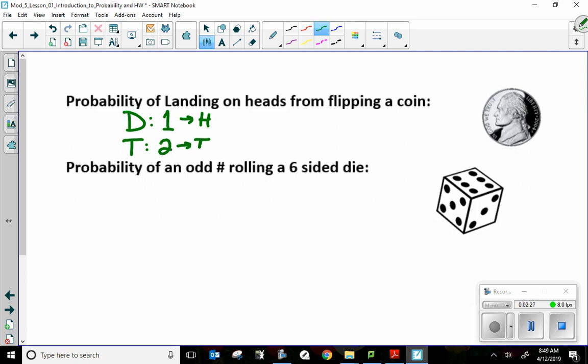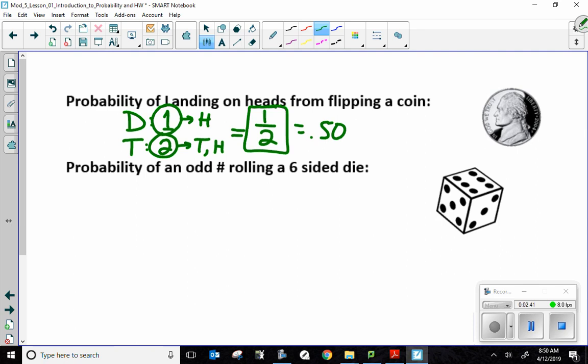I can either land on tails or heads. So it is desired over total, 1/2, or in decimal, 0.50. If they asked for the percent, which they don't often do, 0.50 would be a 50% chance. But it would typically be 1/2 or 0.50 unless they specifically ask for percent.